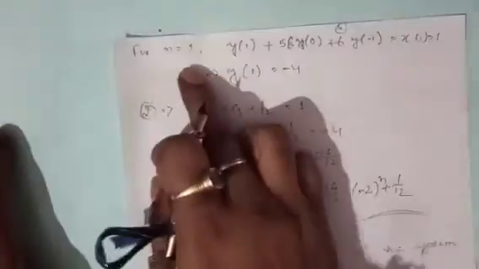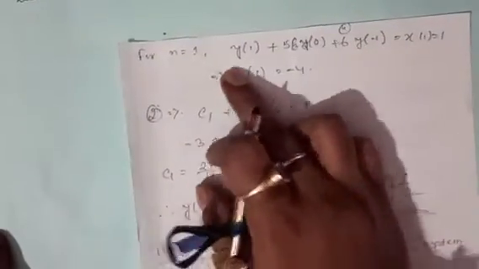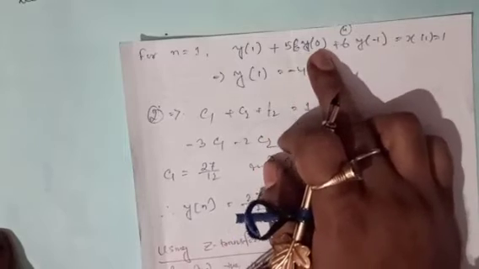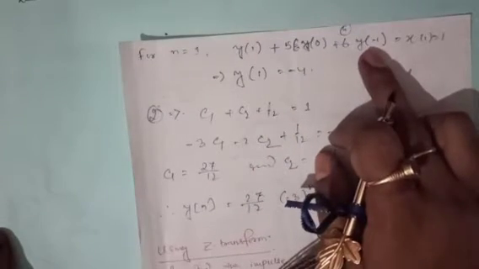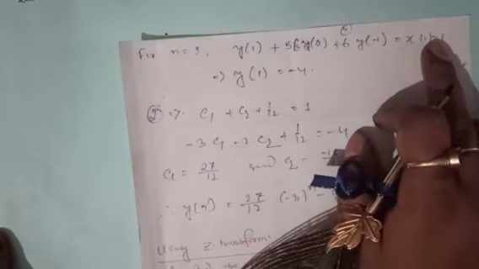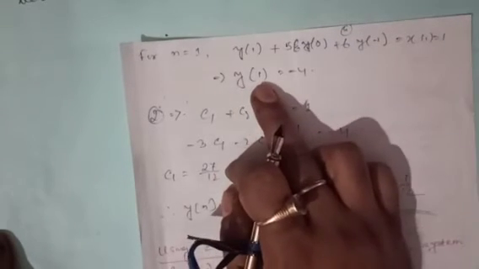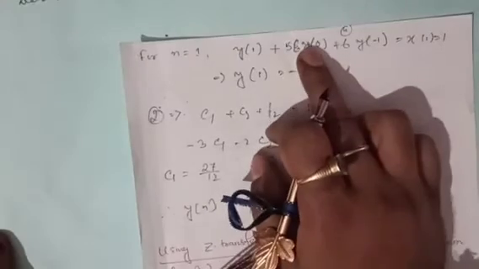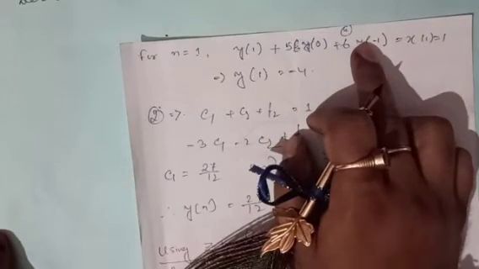Now for n equal to 1, what will we get? y of 1 plus 5 y of 0 plus 6 y of minus 1 is equal to x of 1. x of 1 is again 1 because it is a unit step. Then y of 1 will be minus 4, because y of minus 1 we consider to be 0.